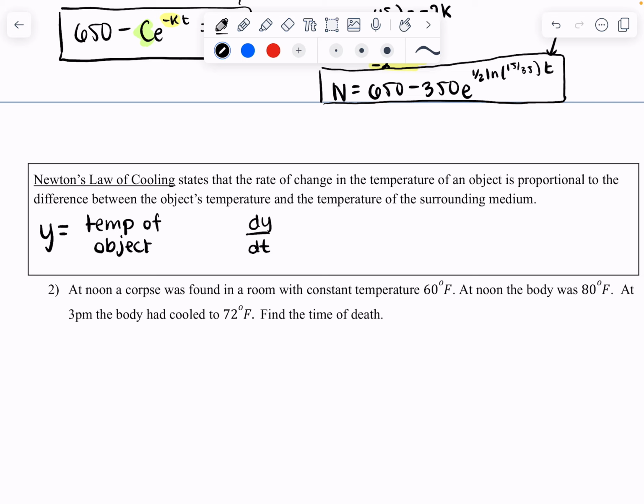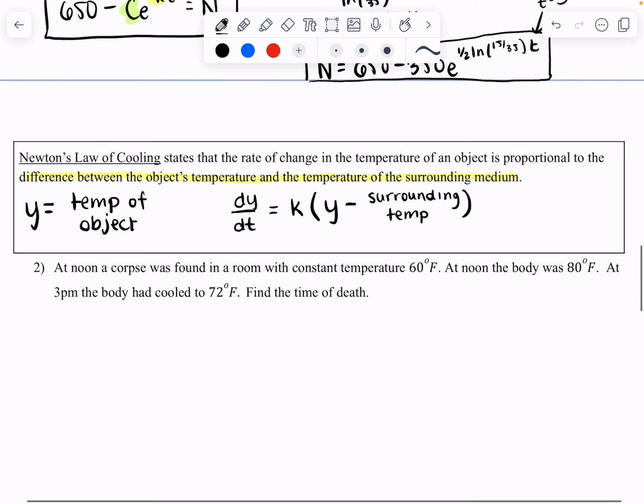The object's temperature is y, so that's dy dt, equals, it's directly proportional to, so there's the k, and then the difference between the object's temperature and the temperature of the surrounding medium. So the object's temperature is y, and then temperature of the surrounding medium, I'm just going to write surrounding temp. Okay, that is Newton's law of cooling, which is pretty cool.